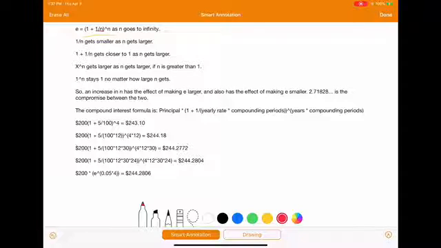Now, as n gets larger, of course, the whole fraction gets smaller. That's how fractions work. And as that fraction gets smaller, then 1 plus that fraction gets closer to 1.